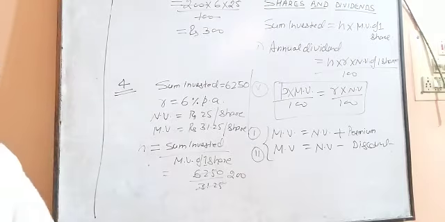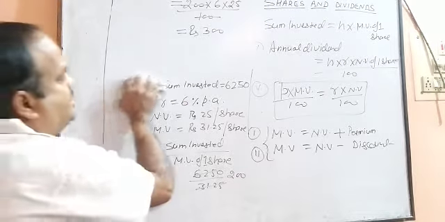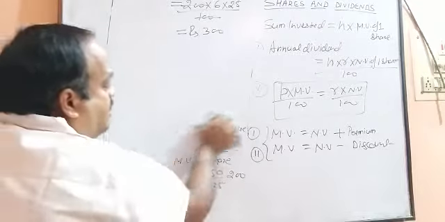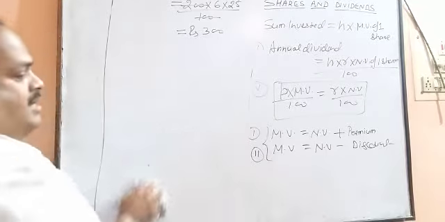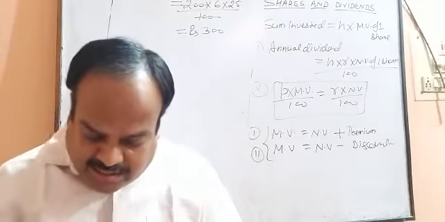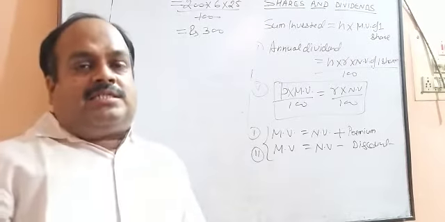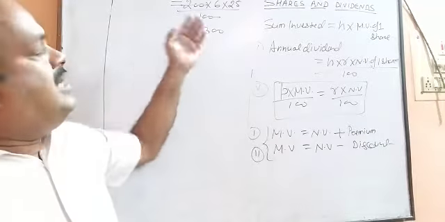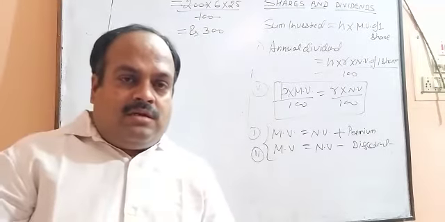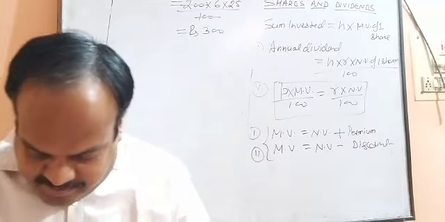So 300 rupees is the dividend received by Ravi. It means when Ravi invested 6,250 rupees, he gets a dividend of 300 rupees in 1 year.